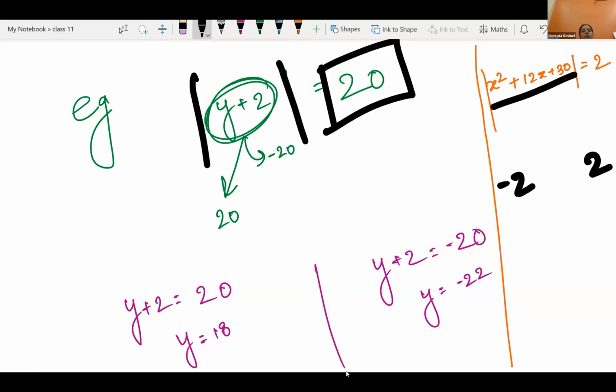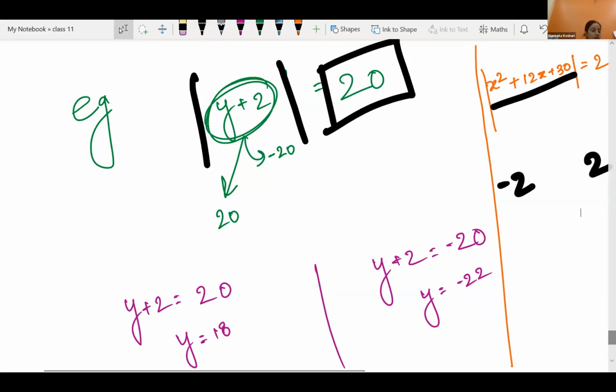One by one, we will take x square plus 12x plus 30. First time we'll take it as minus 2, another time as plus 2, then a proper quadratic equation will be formed, and we will solve the quadratic equation one by one in both cases. Clear? Yes, ma'am. Okay.